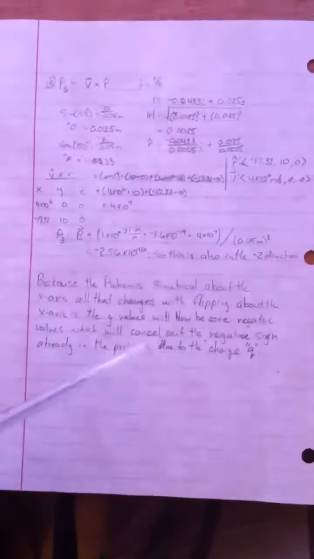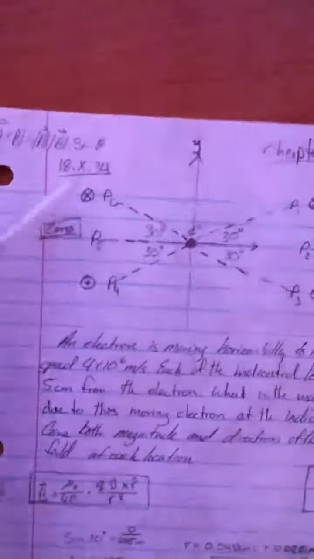You plug all that back into the same equation to find the magnetic field, and it gives you the same answer, negative 2.56 times 10 to the negative 16th. So this is also in the negative z direction, as denoted by the circle with an x, noting that it's going into the plane.